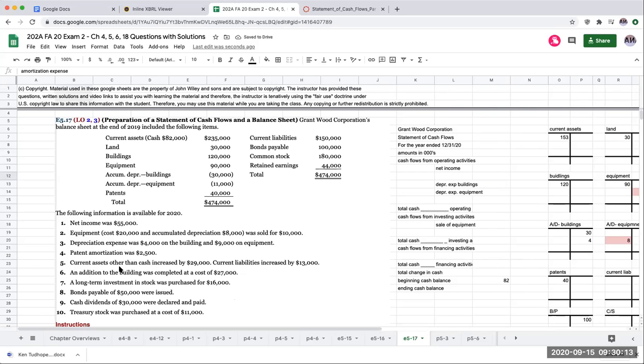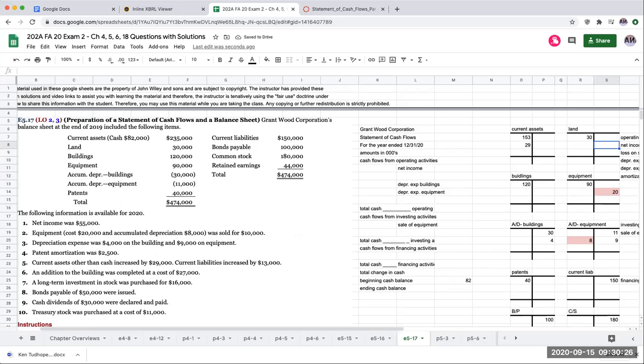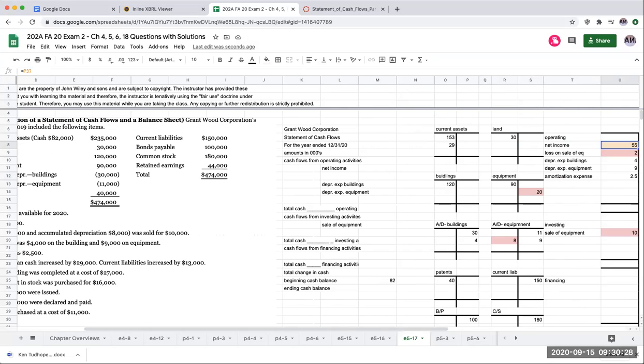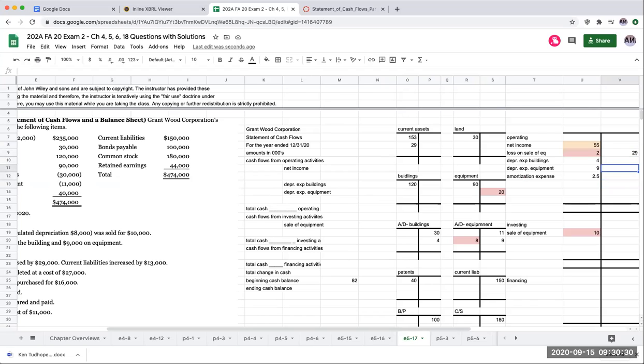So over here, it tells current assets other than cash increase by 29,000. So if these increase by 29,000, what I'm going to do is the opposite to cash. This is going to be an increase in current assets. Okay.